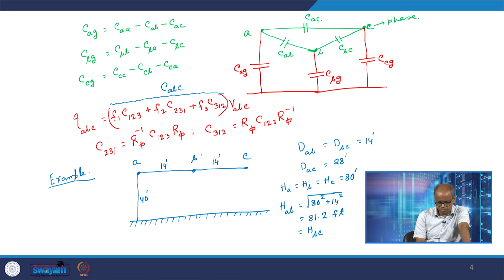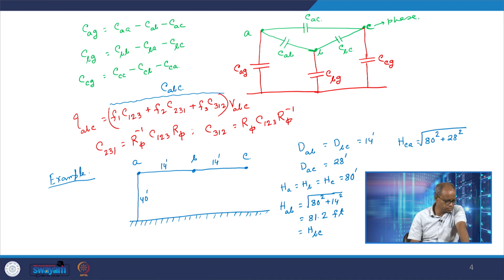Because HBC is nothing but the distance between phase C conductor and the image conductor of phase B. And HCA would be, by the same token, the square root of 80 square plus 28 square.